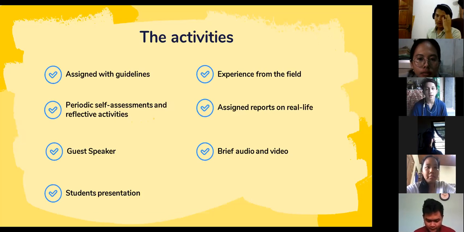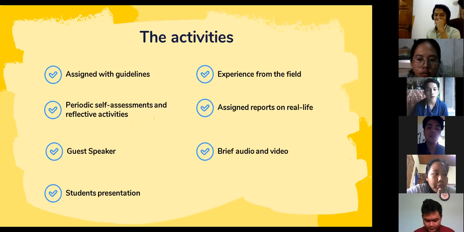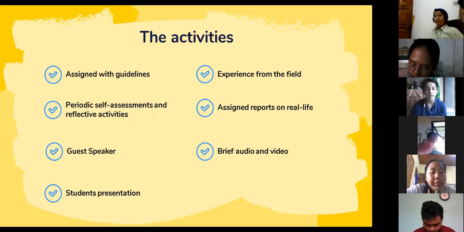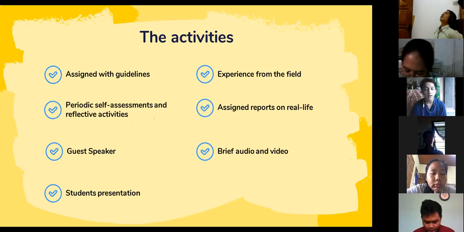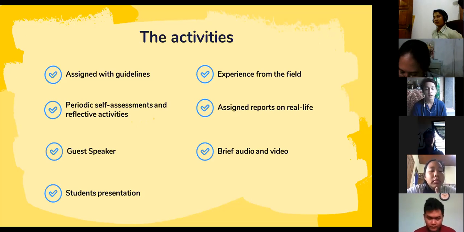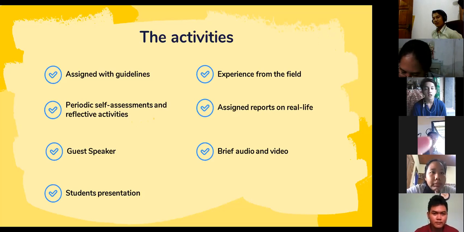Then, in the activities, you also have to pay attention to these 7 things. When you decide the activities, you must pay attention to the guidelines. For every section you have to give guidelines to make it easier for students to understand what the section is for.